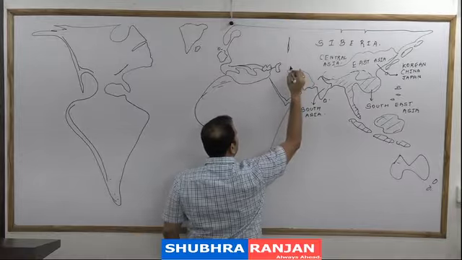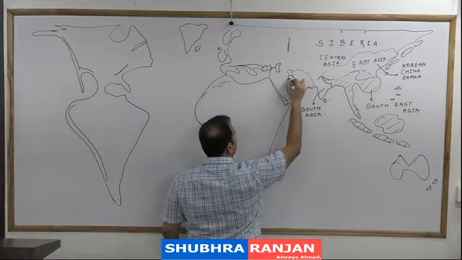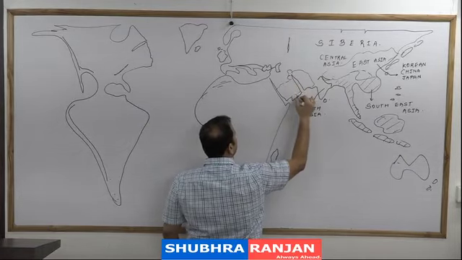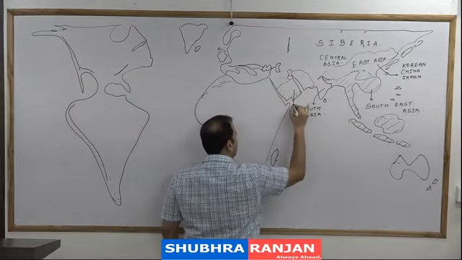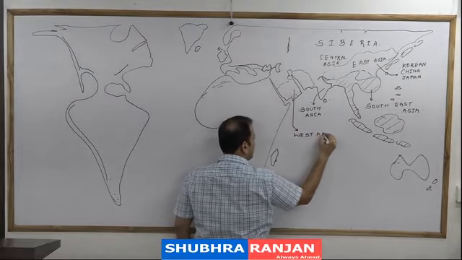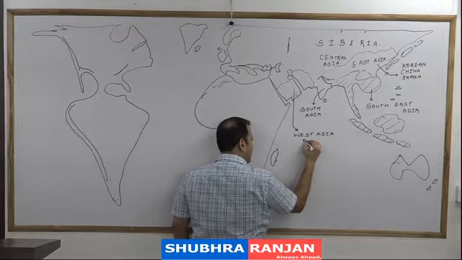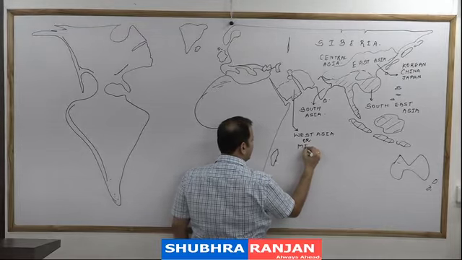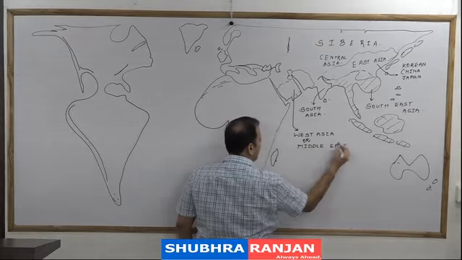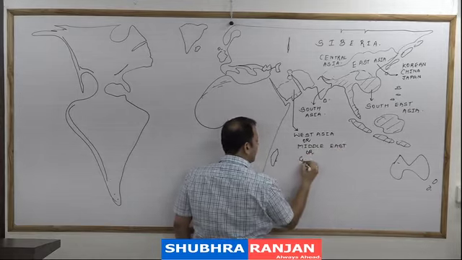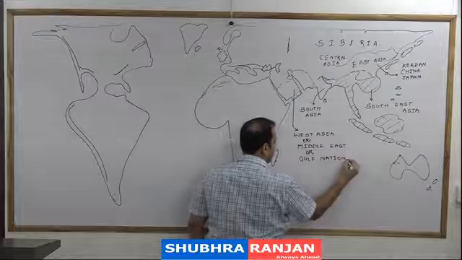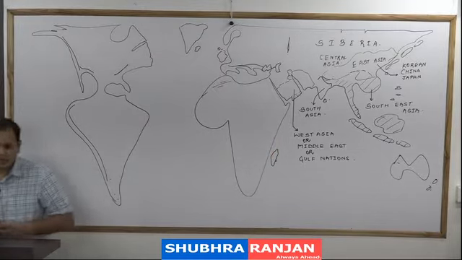This is Kuwait, Iraq, this is Saudi, this is Yemen, this is Oman, what is known as West Asia or Middle East or Gulf nations.